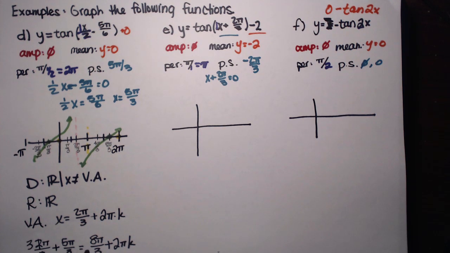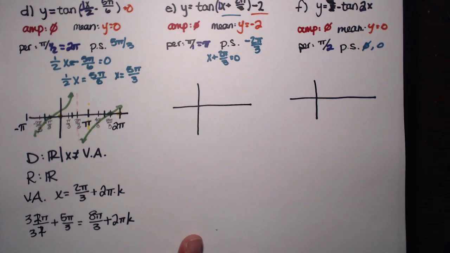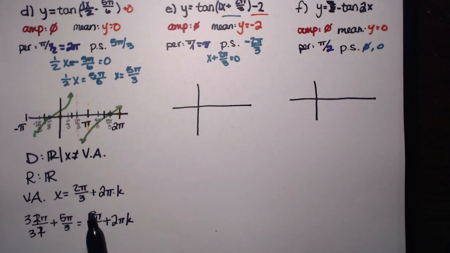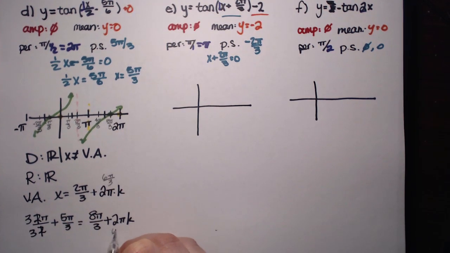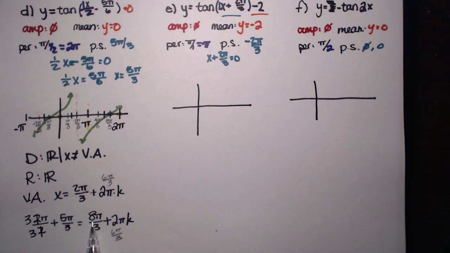Now that looks like it would be different, but they're actually going to give me the same values, just different iterations of k. So if I rewrote the 2 pi, you could say 6 pi thirds. Well, what is 8 pi thirds minus 6 pi thirds? 2 pi thirds. And then adding them, you get the same thing. So again, this is not going to be tested on, but just for going forward next year.